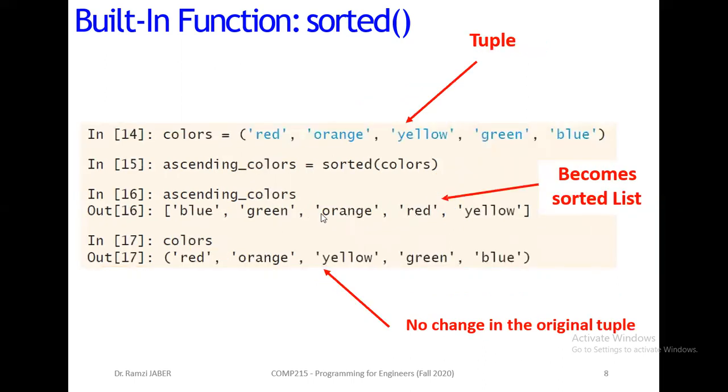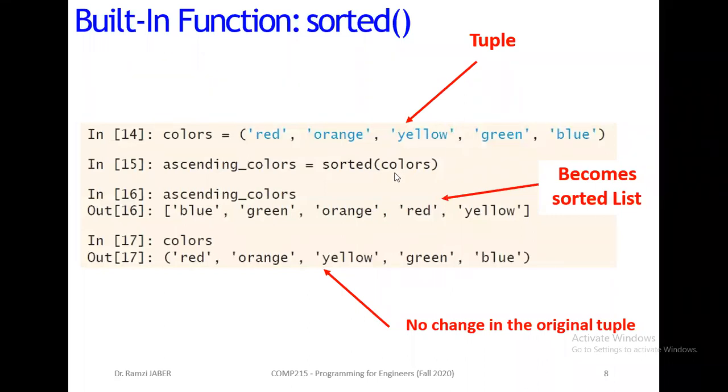Now, this is another example. If we have a tuple, later we'll see it, a tuple between parentheses, and we use sorted on the tuple, automatically this tuple will also be converted to a sorted list. So we can use sorted on a list, a string, and a tuple.